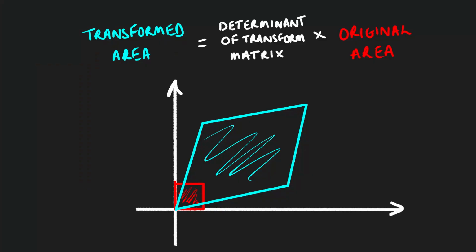Now I will prove it in a later video, but we can understand the determinant of any matrix, in terms of two-dimensional space, to be how much the area is scaled by after the transformation. So you start with a shape of area 1 unit squared, and the determinant will tell you how much the area is scaled by after the transformation.